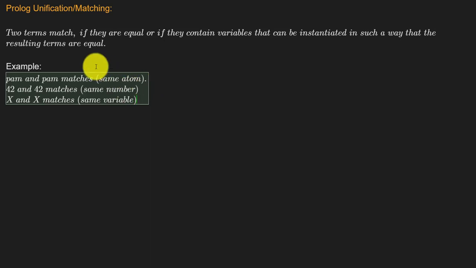So if I initialize X with Pam, this X will also be initialized with Pam because they are the same variable. So a variable can be instantiated with any value, which means they match if it is the same variable, because they will be instantiated with the same value.